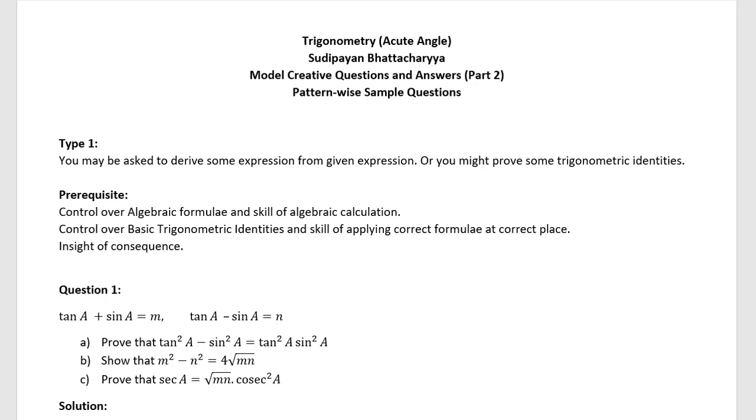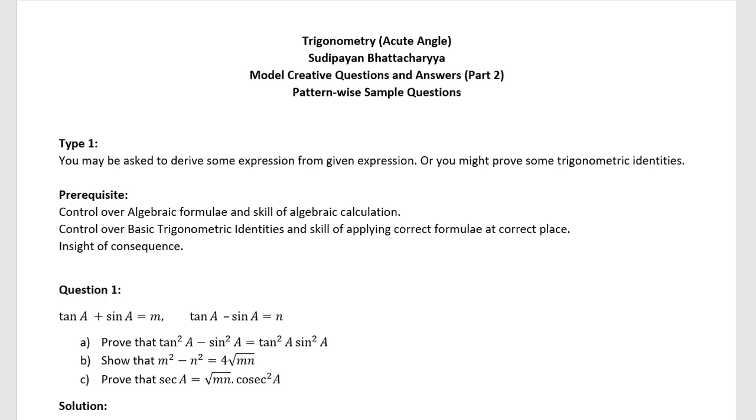And how to find this out, you have to develop some insight of consequence, and that is, what will be the next line if I apply this formula, and what is our target, what is to prove, or what is to find out.